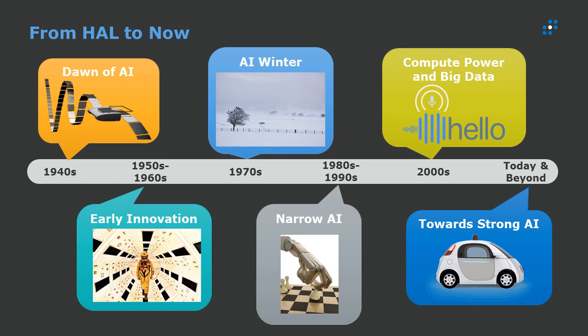And rather than just using brute force, it was beginning to leverage all this data and do something that required intelligence and decision making in order to get to that result. So, we've seen over the course of the last 60, 70 years many different kinds of developments, both in narrow AI and now towards stronger AI, and we continue to see this development going on.